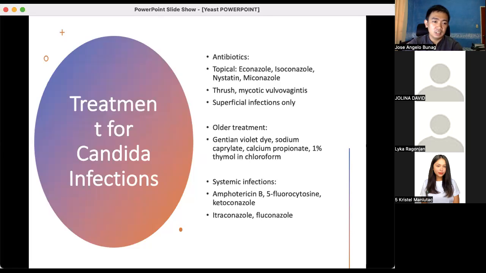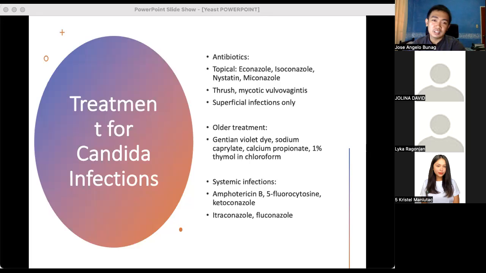Okay, now for the treatment naman ng ating mga yeast, listed on this slide are the available treatments for yeast infection. So we have your antibiotics, we have your topical, your miconazole, your isoconazole, your nystatin, and also we have your econazole. These can also be used for your thrush, your mycotic vulvovaginitis, and for superficial infections.